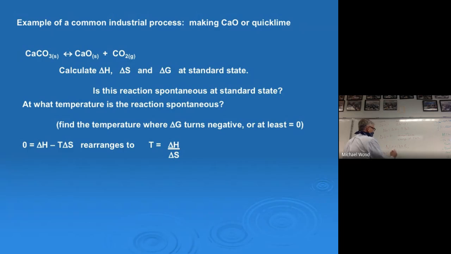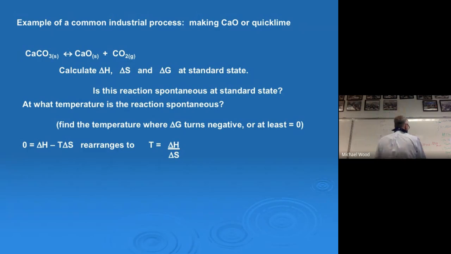The way that was found is delta H equals the sum of the delta H of the products minus the sum of the delta H of the reactants, which is what we did on Thursday, and it's not difficult given the table values. Same thing for delta S.